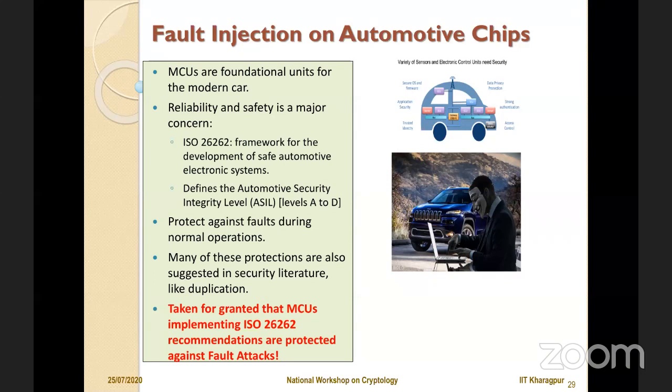There are techniques in the reliability community which protect against what are called natural faults. But remember that when you're talking about adversarial faults, the adversary is more motivated, because he's more clever and he can direct the fault injection in a direction where the classical redundancy check can completely fail. So let me give an example.